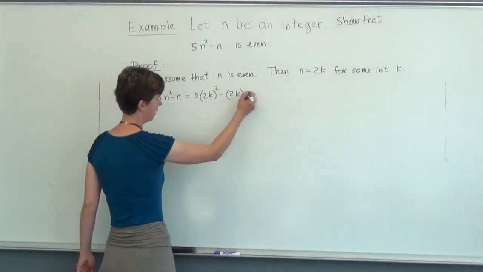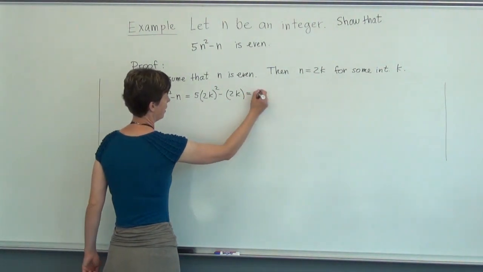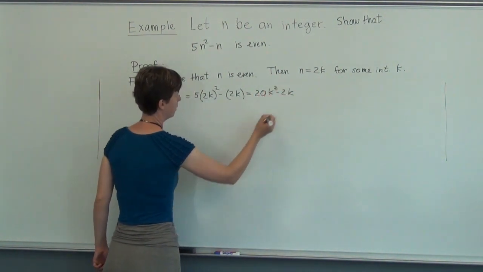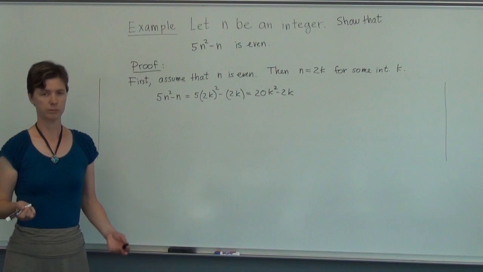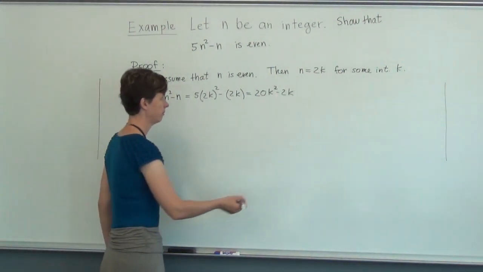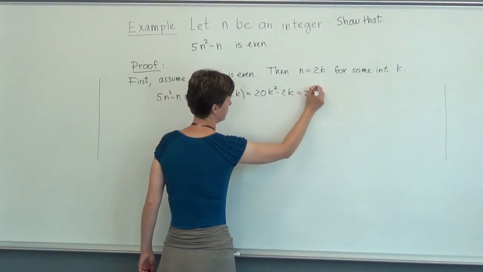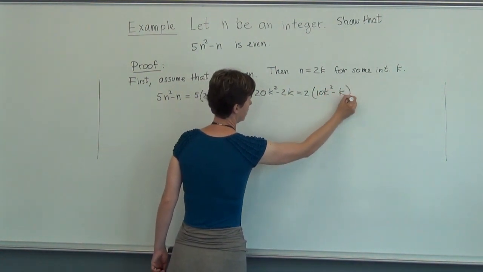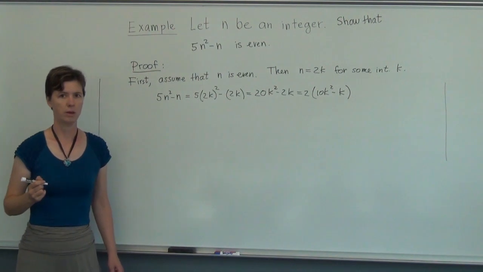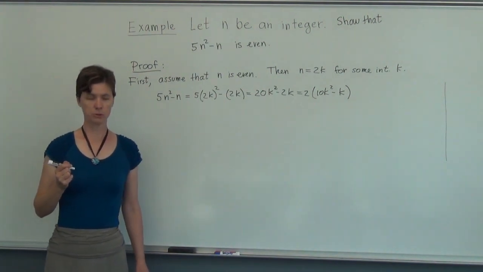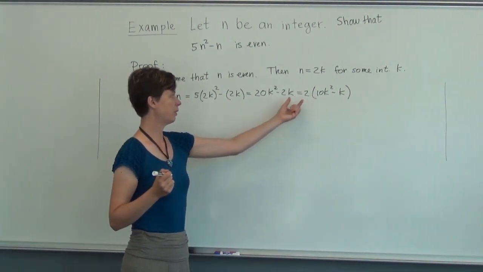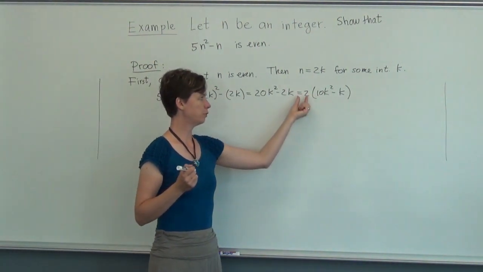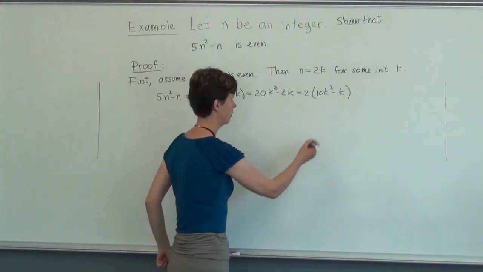And simplifying gives us 20k squared minus 2k, and we can take 2 out: 2 times (10k squared minus k). And we're done with this case because we have expressed 5n squared minus n as twice some integer.